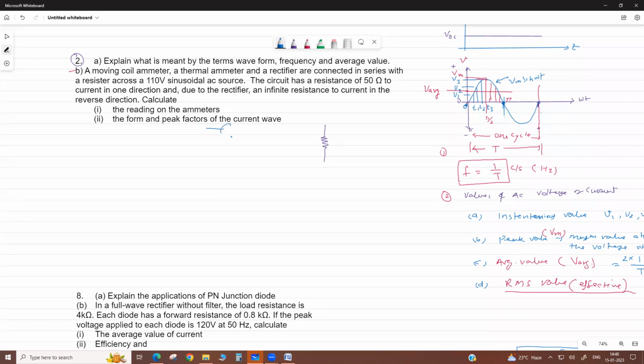Suppose this is ammeter A1, this is ammeter A2. It is connected in series with a diode. PMMC type, then thermal type, and the rectifier. This is the diode.